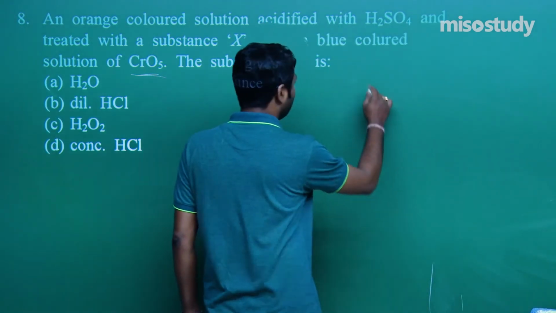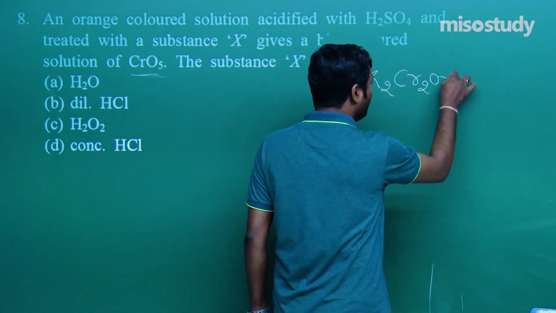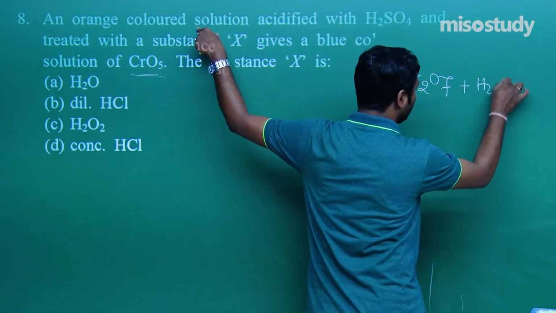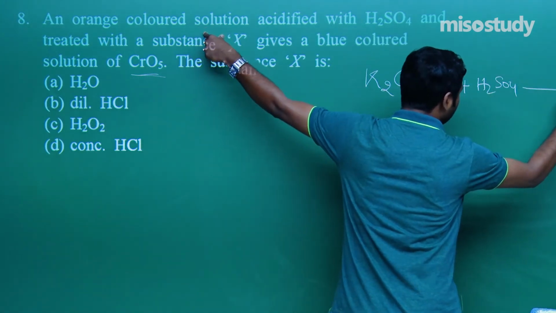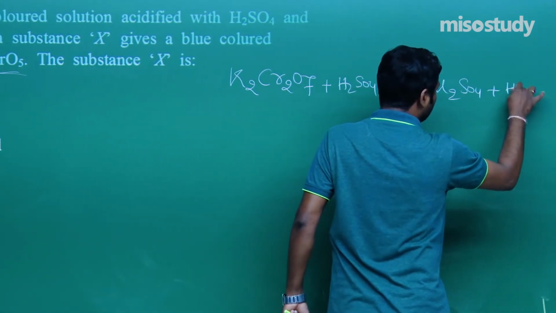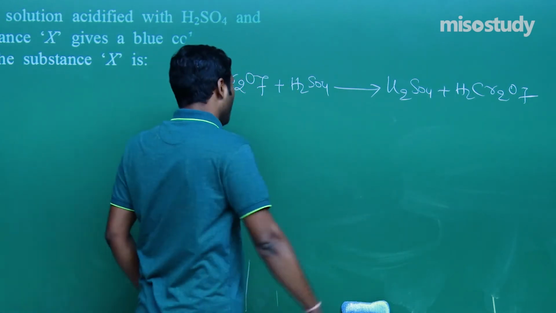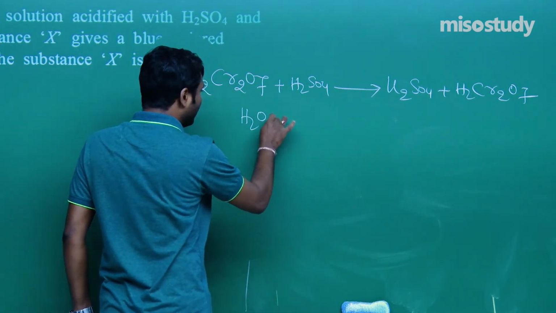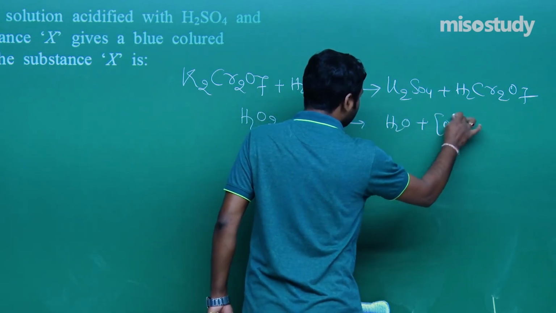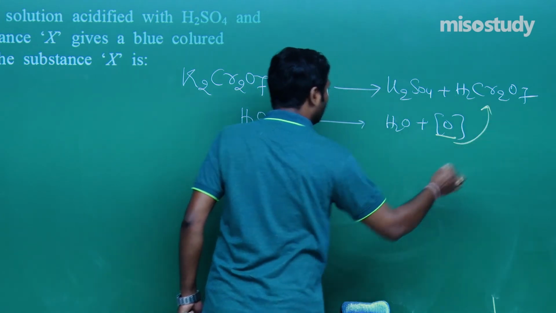Look at the reaction. K2Cr2O7, an orange colored solution, acidified with H2SO4 gives K2SO4 and H2Cr2O7. Now what will happen in the next part? H2O2 gives H2O plus, and this will attack on this.